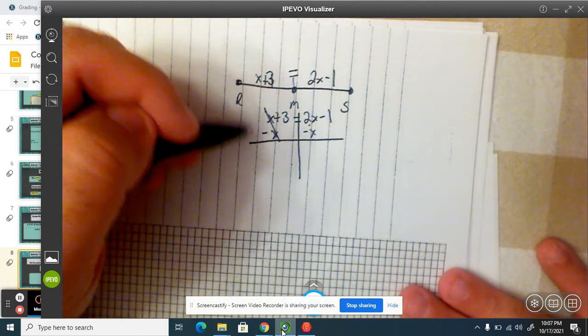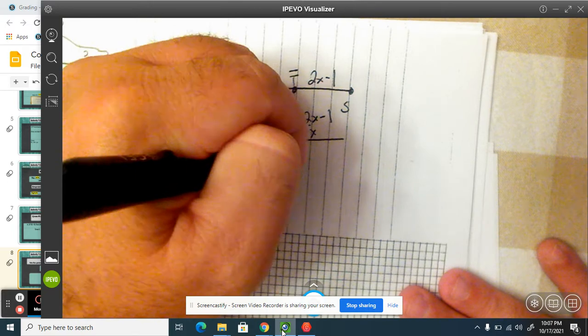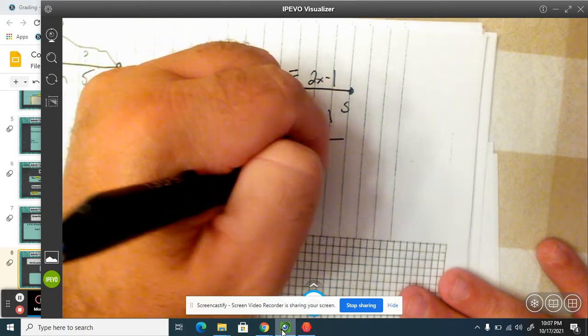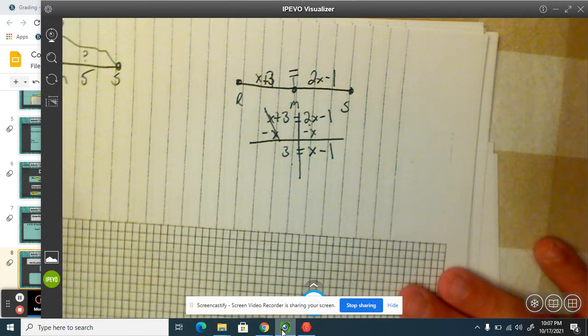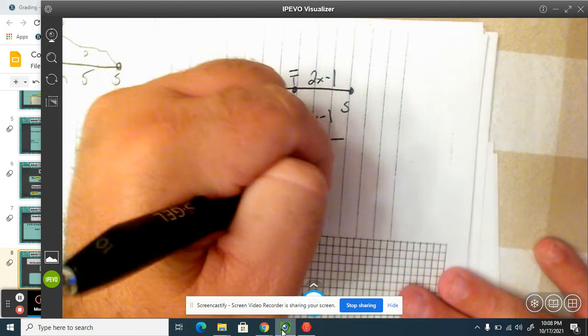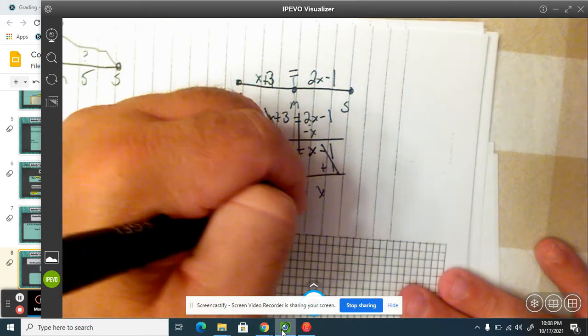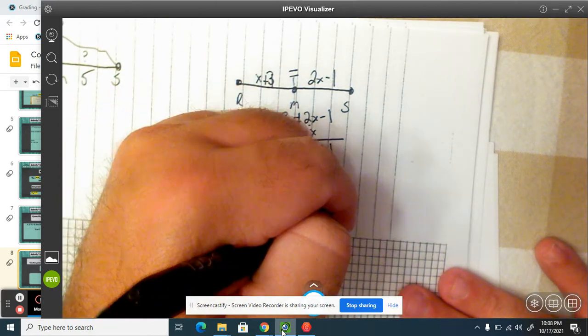I don't want this to be x plus x because that just keeps getting bigger. So 2x minus x is just x. So this becomes a real simple thing. To get x by itself, I'm going to add 1 to both sides. And again, x equals 4.